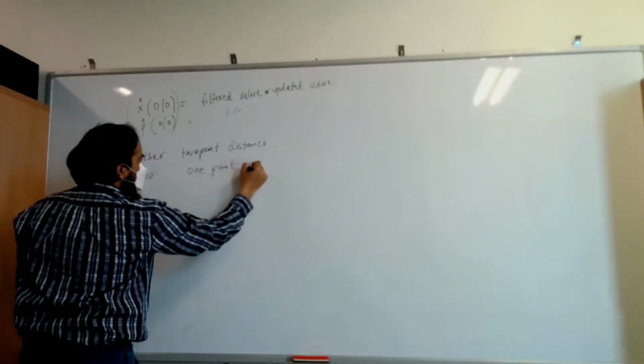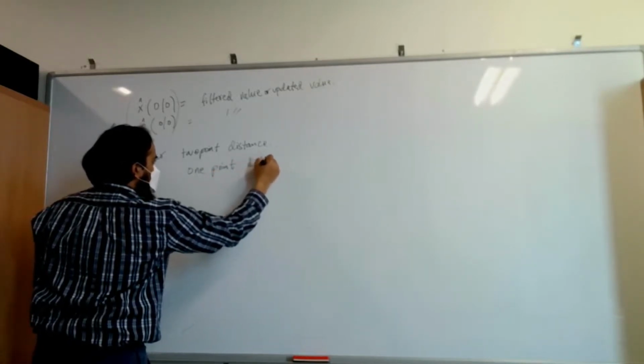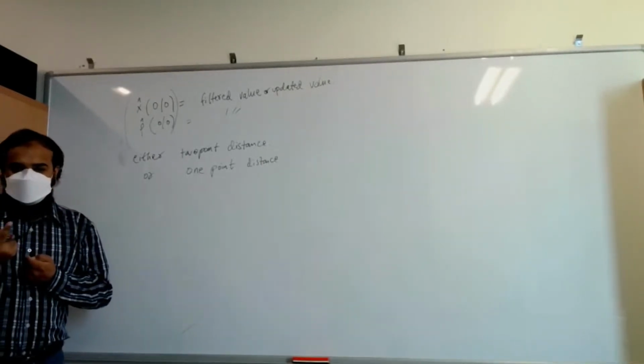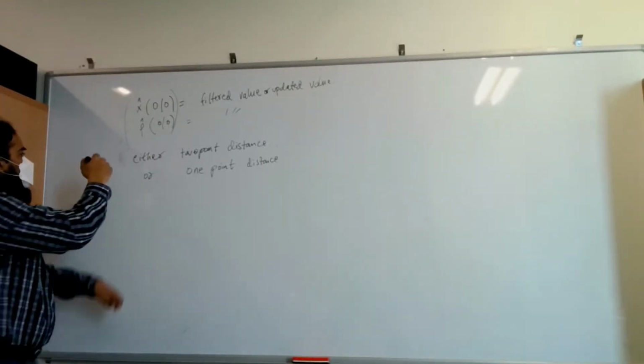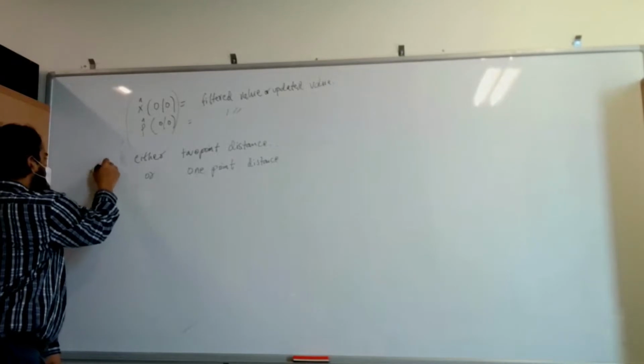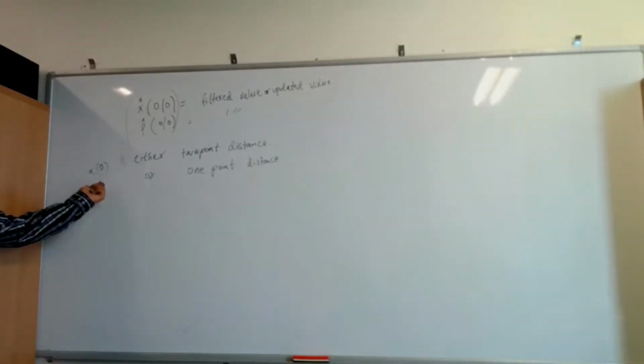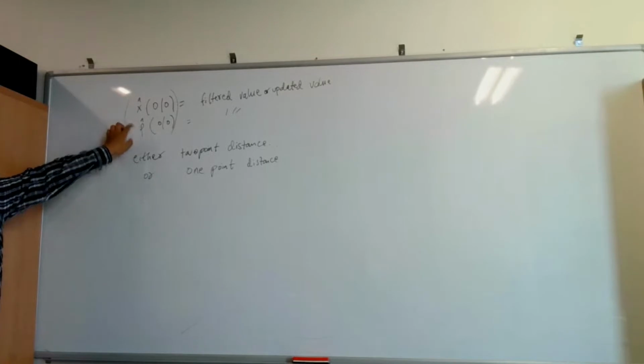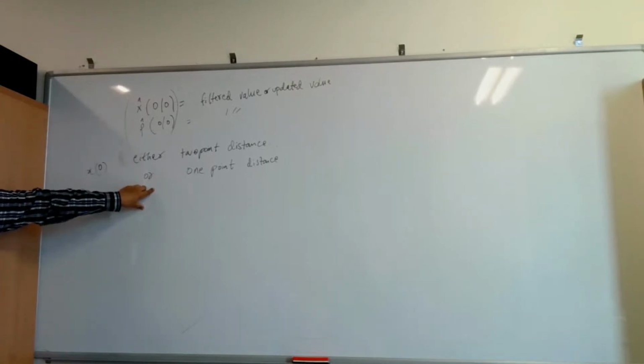If your problem has been given to you with only one point, only one value x of 0, then in this case you cannot calculate the velocity, but you can calculate the position. Then you can use this in an estimation algorithm like the Kalman filter to calculate the next position.